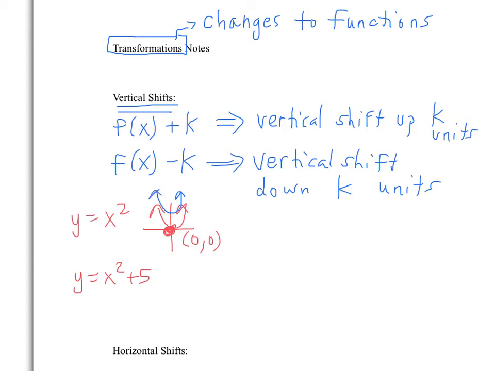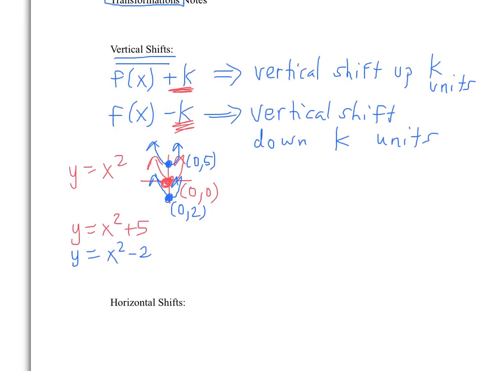The width is going to stay the same, and my new vertex would be 0, 5. Or likewise, if we do y equals x squared minus 2, well, now you are shifting it down 2 units. Same idea. Now your vertex would be 0, negative 2. Okay? So when you add a number, which we're calling k, onto the end, we are referring to a vertical shift up or down.